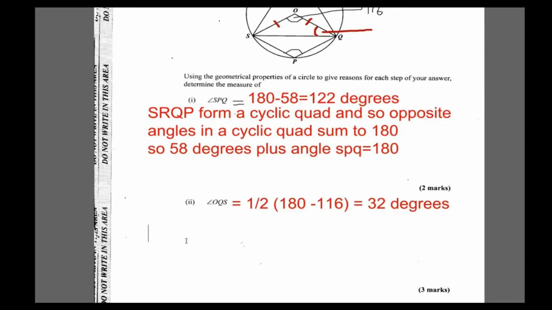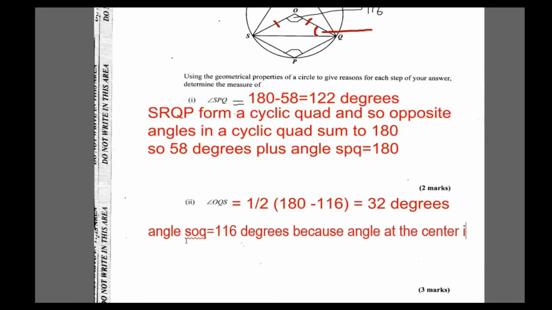We can tell them that angle SOQ equals 116 degrees because the angle at the center is twice the size of the angle at the circumference. And so that's how we get this to be 116.